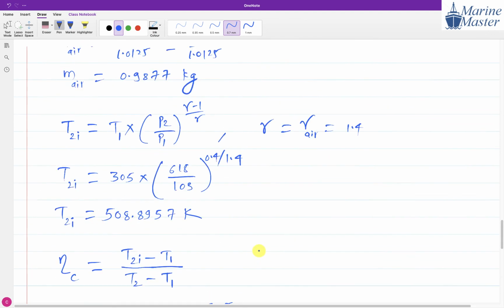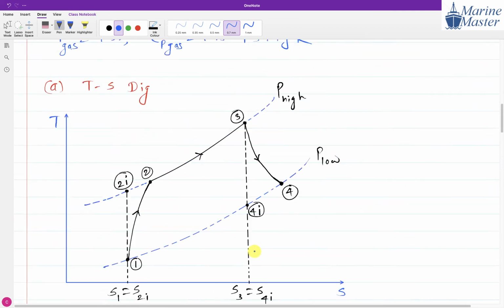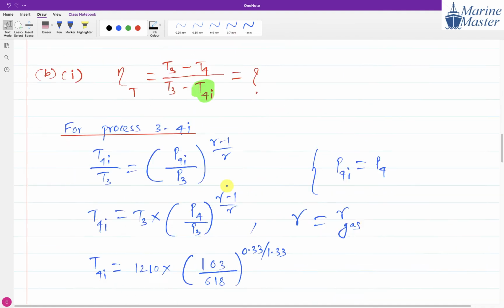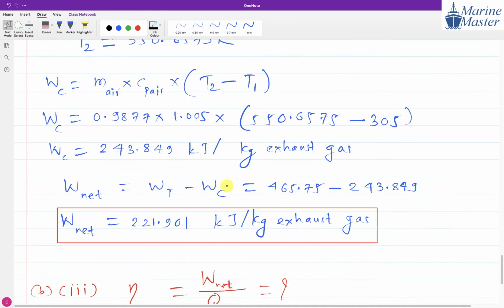See this schematic drawing, we will get a clearer idea. 2 to 3 is the combustion chamber, and here we are adding the heat. So T3 minus T2. What is there in the combustion chamber? Gas. You may say there is air here, gas is here, but at the end the net combination is gas. So in this relation we are writing gas.